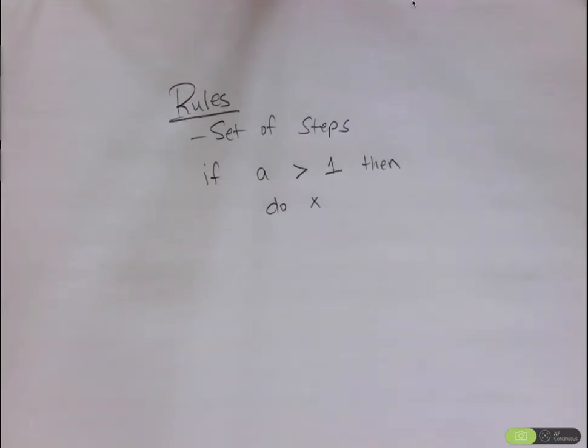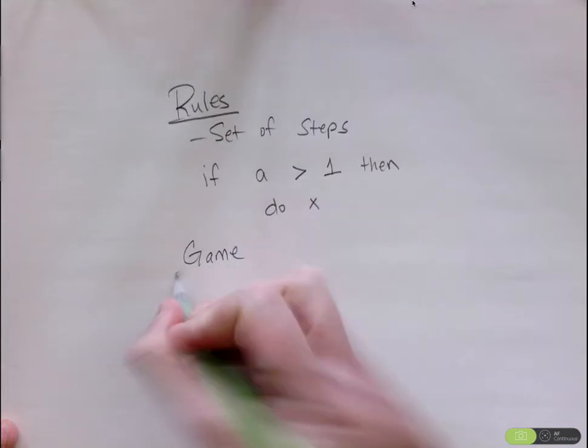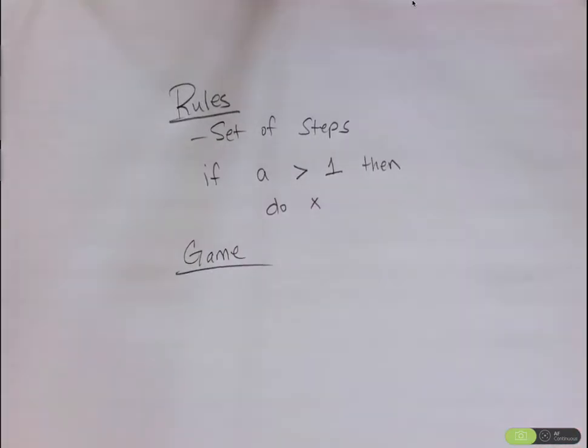Now, humans actually can learn in this way as well. If I wanted to learn how to play a game, maybe a game of cards, someone would give me a set of rules and I would follow them, and that's how I would learn to play, initially at least. If someone gave me a deck of cards and wanted me to shuffle them and deal them, they would tell me how to shuffle them, they might show me how, and then they would say, deal them one by one, left to right, going clockwise.